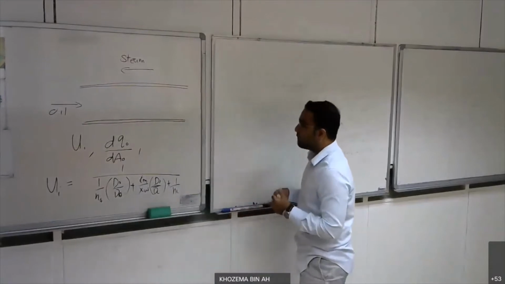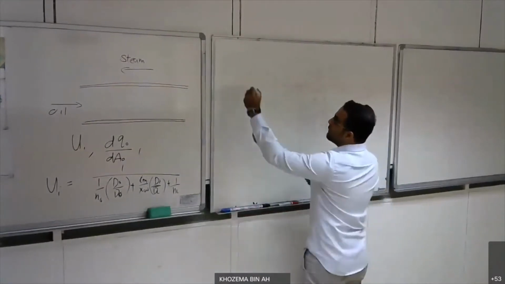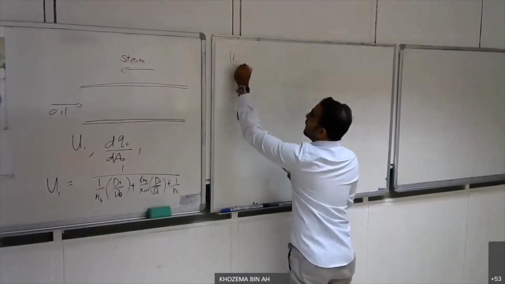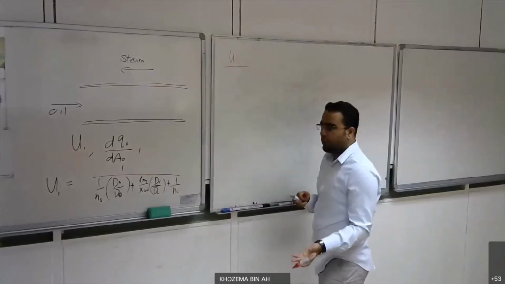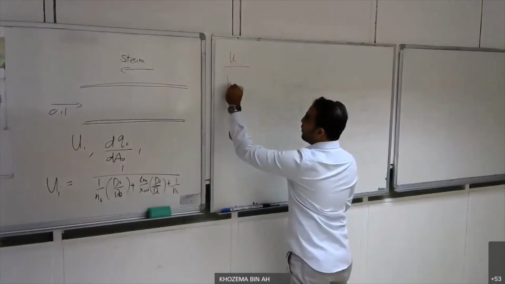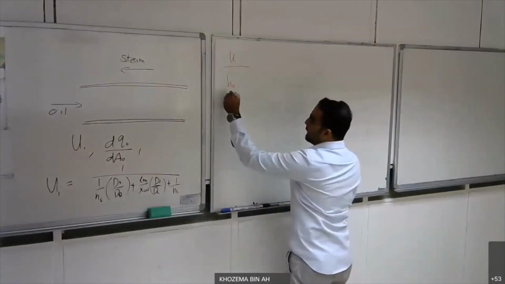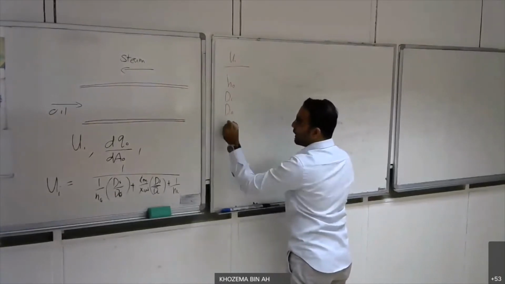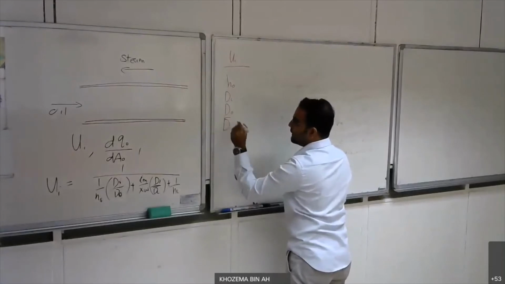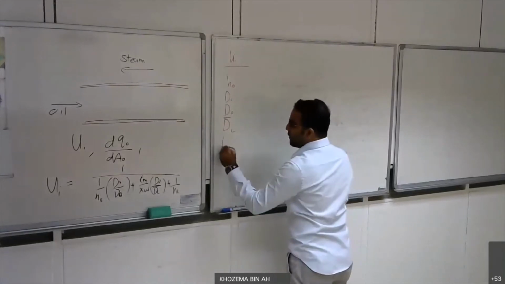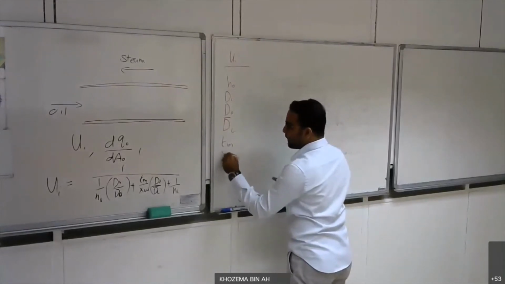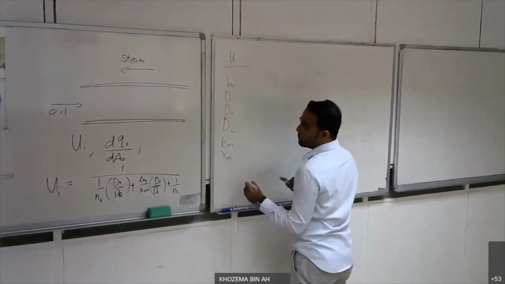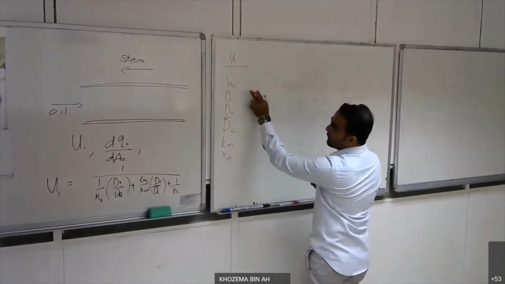So I just write it here. In order for me to calculate the value of Ui based on the equation, I need to know the value of Ho, dI, dO, dL, kw, xw, and also, that's it, right, Hi.